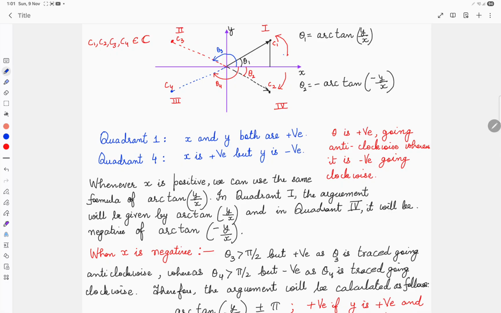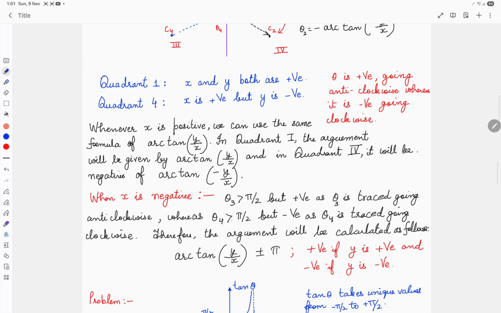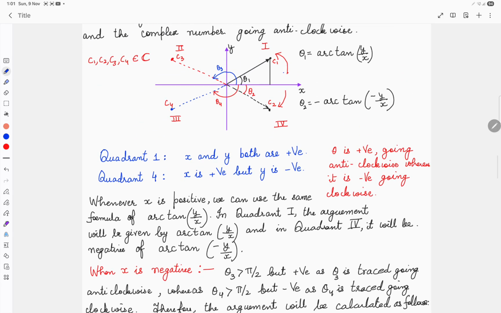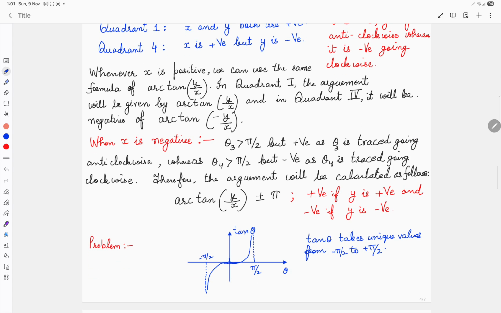Whereas theta 4 is the angle between the x-axis and this vector but going clockwise, so this is a negative angle. So theta 4 is greater than pi by 2 in magnitude but negative, as theta 4 is traced going clockwise.